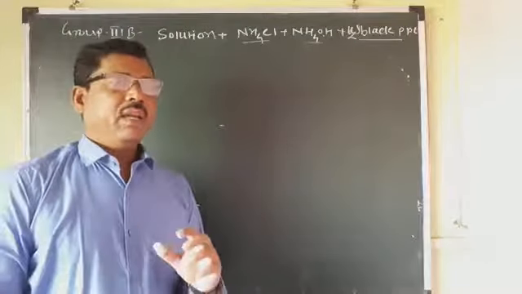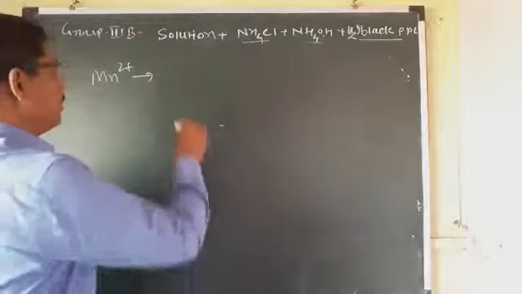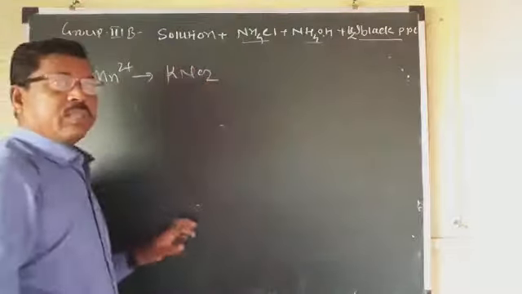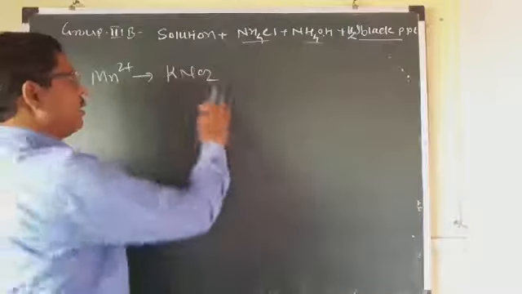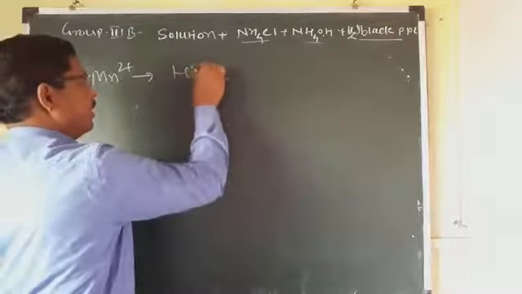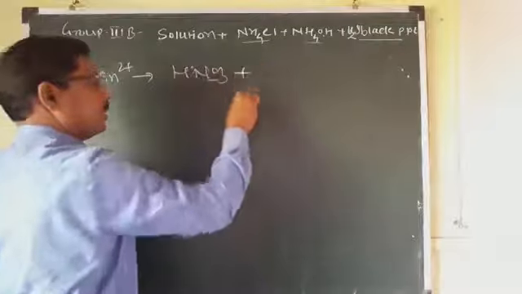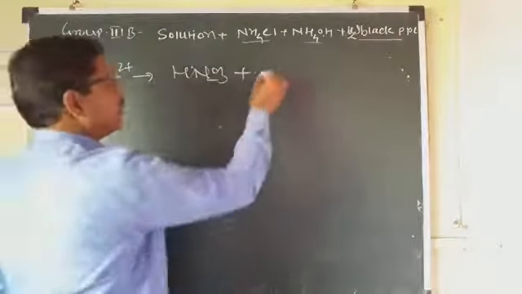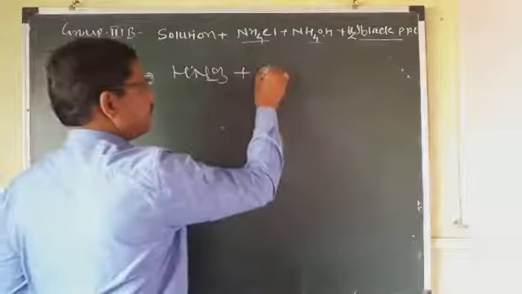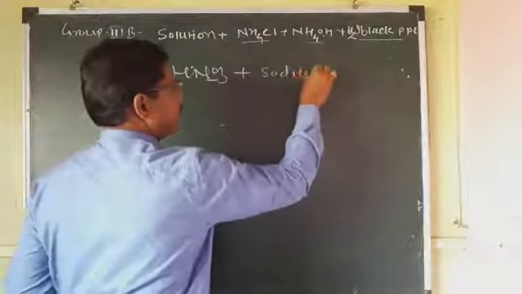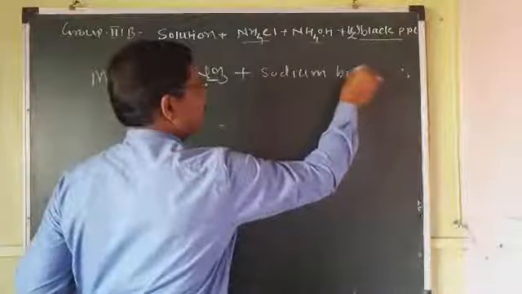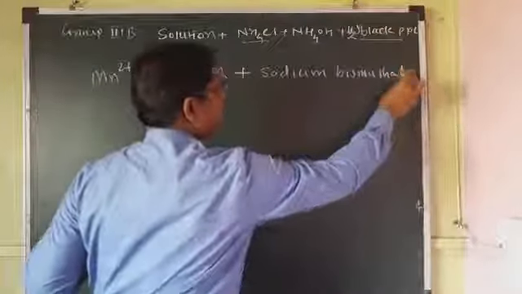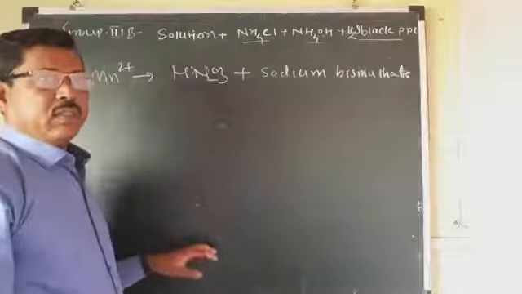the permanganate ions. Here, the precipitating reagent is potassium nitrate, the HNO3 and the crystals of solid sodium bismuthate.